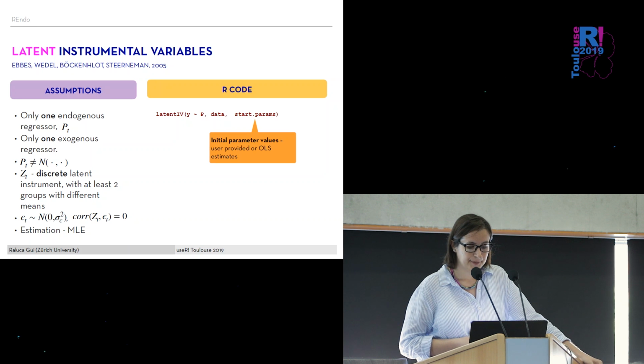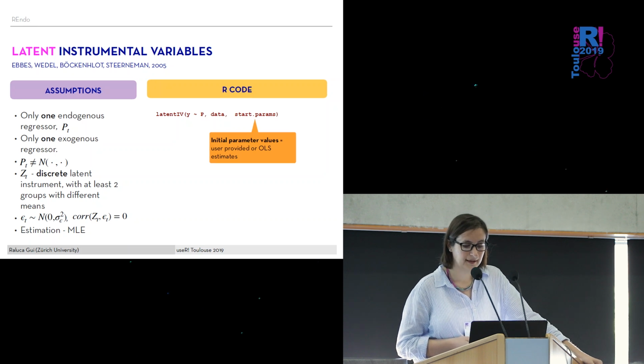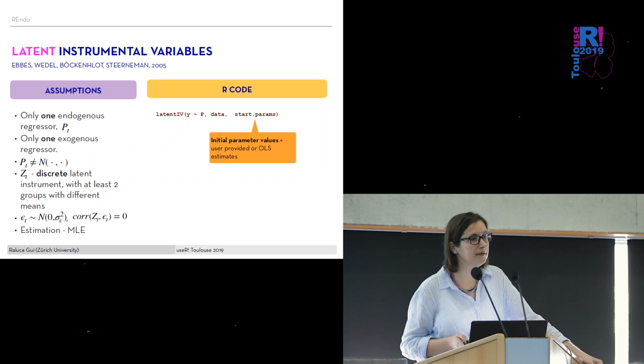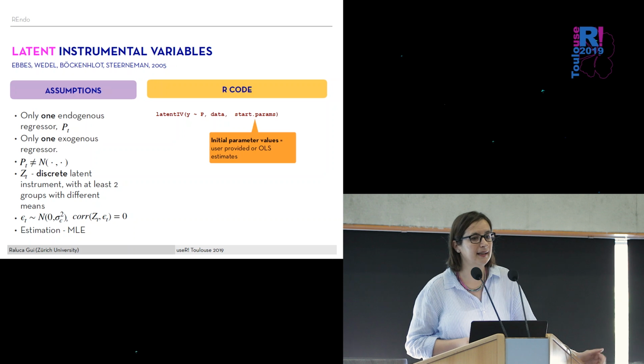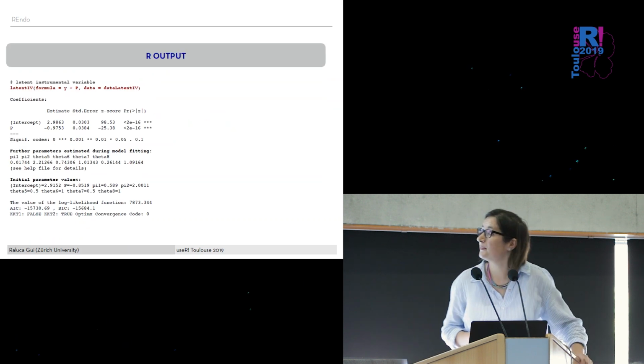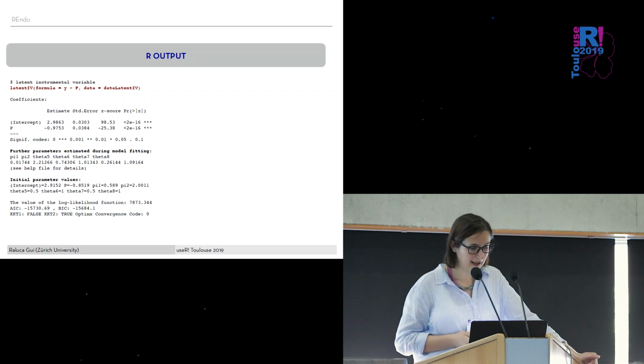Because of that, the function in REndo is called latentIV, where it lets the user give starting parameters. If you have an intuition or an assumption, you can put them. If not, this will be taken as the coefficient of OLS running y on P. So this is the output of the function. I'm not sure you can see very well.